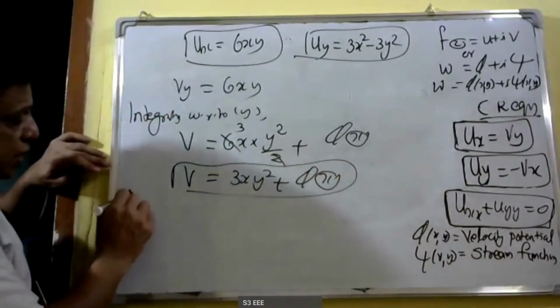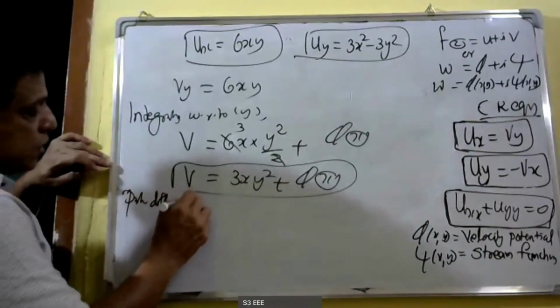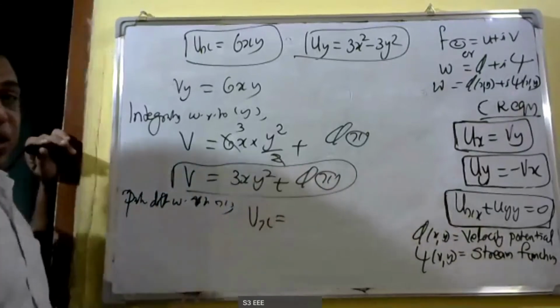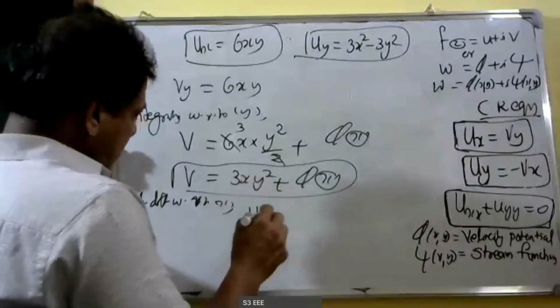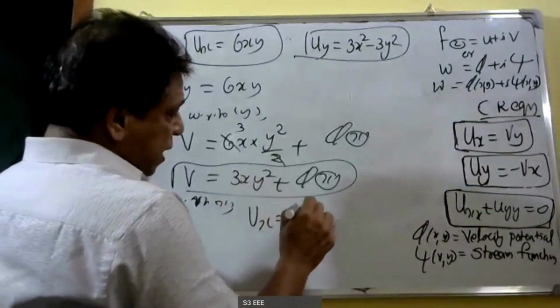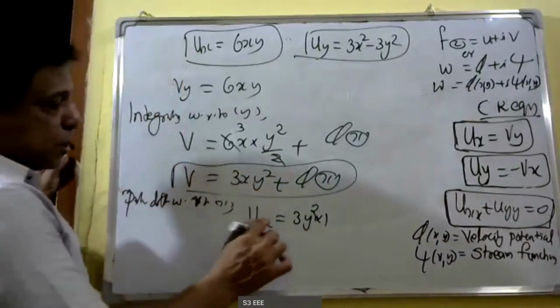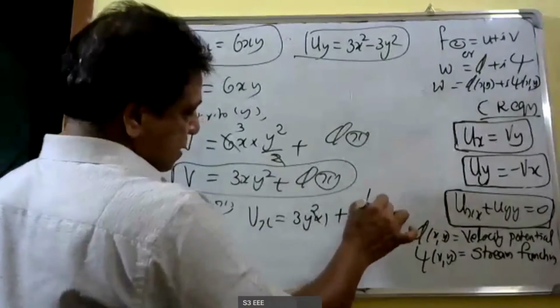Partially differentiating with respect to x, vx is equal to 3y squared into 1 plus phi dash x.